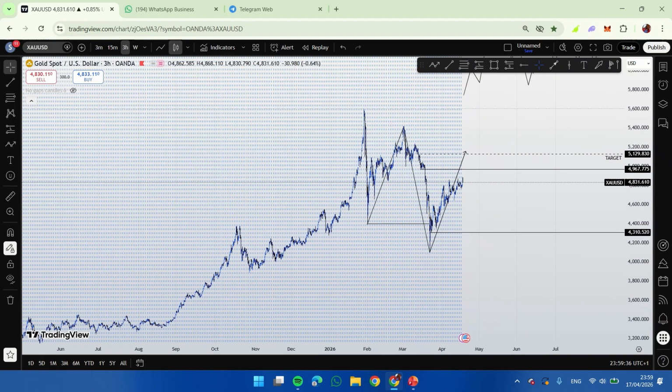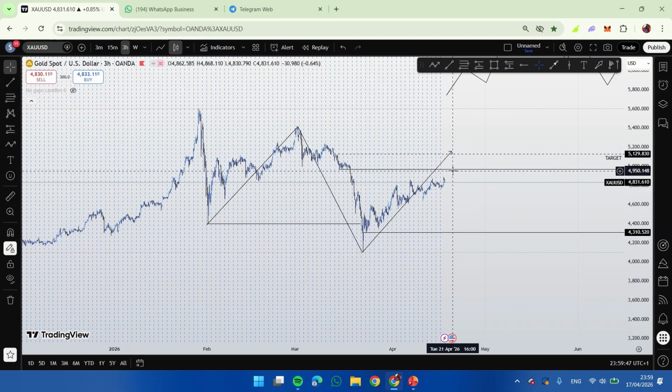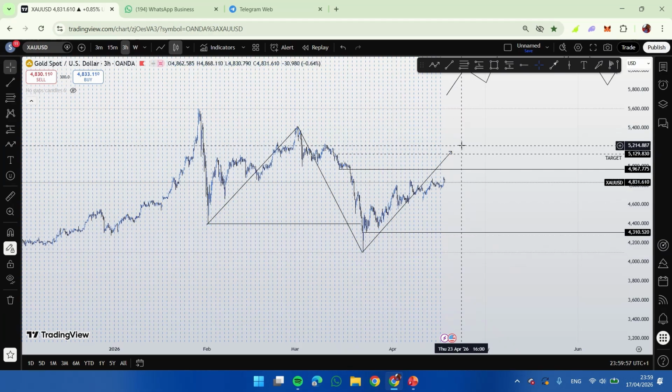Price has been bullish. But so far as I'm concerned, I'm bearish overall from seeing this. Does it mean that because there's a target here, it means it's going to break? No. This target now is, should I be buying from here? This is the point I want to chill and see if I'm going to continue with the buy or with the sell.